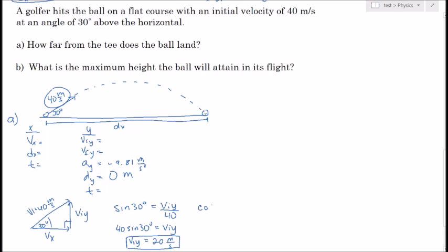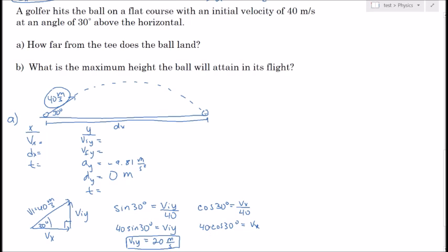And we can use the same logic, but with cosine for Vx. Again, remember, I don't have to put Vix because velocity in the x direction is constant. So here again, I'll multiply both sides by 40. I get 40 cos 30 is Vx. You would get the exact same solutions if you were to just use the two equations. That's where these are derived from.